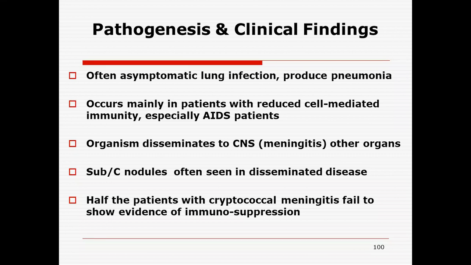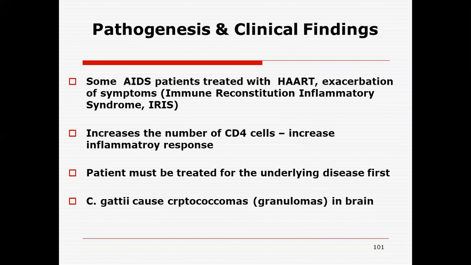organism, the Cryptococcus neoformans. Now, some AIDS patients are treated with what we call the highly active antiretroviral therapy, HAART therapy. This is a treatment which is heavily used for AIDS patients.